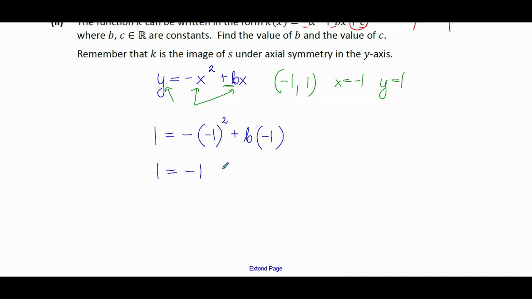We're going to get -1. And b multiplied by -1 will be minus b. So numbers on one side, let's say I move that one to the other side, change the sign, therefore 2 is minus b, but I want b, not minus b. I multiply both sides by -1 and -2 is b, and we already know that c is 0.